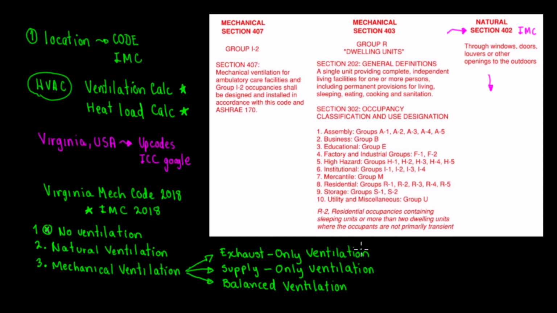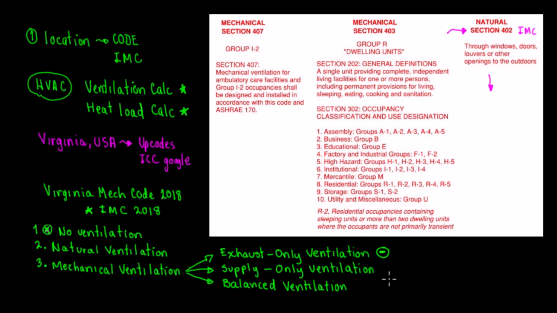So now, what is the exhaust only ventilation? There is a negative and a positive. Exhaust only ventilation is going to keep your house under negative pressure, which is not good because it relies on the cracks to bring outside air. This usually is accomplished by having a fan in the bathrooms, and in the bathrooms you can have intermittent or continuous. So this is negative pressure.